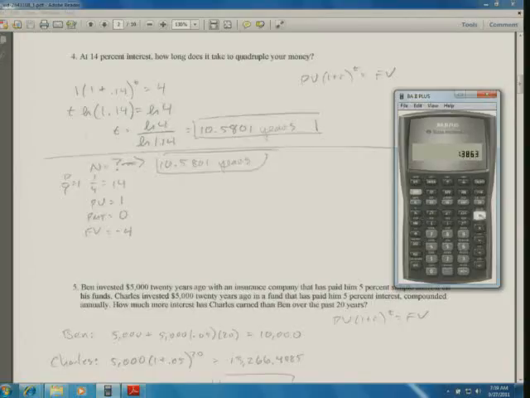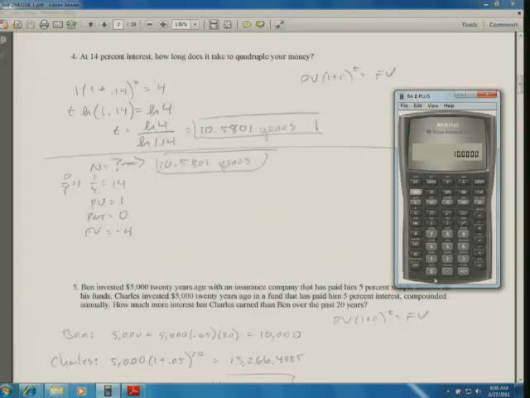And then divided by 1.14 ln. So it took the log of 1.14 first, and that's 0.131, and then equals. Okay, and then it does that division, log of 4 divided by log of 1.14. And you see 10.5801. Okay, so that's how you do it algebraically.